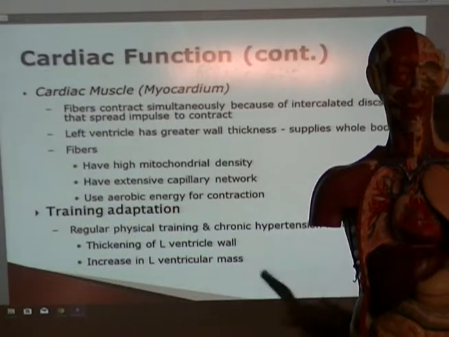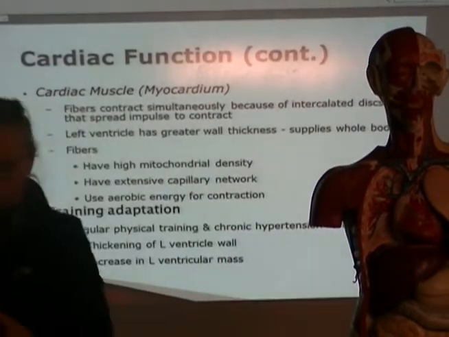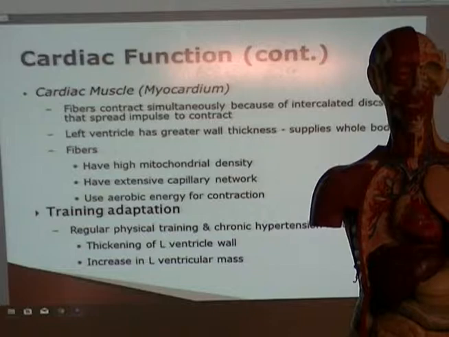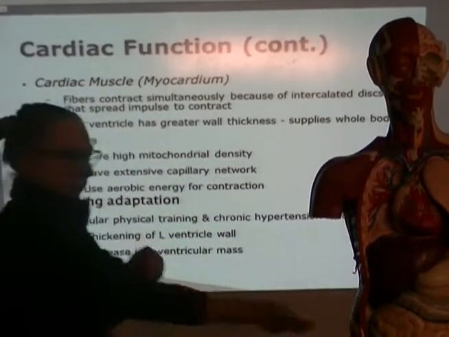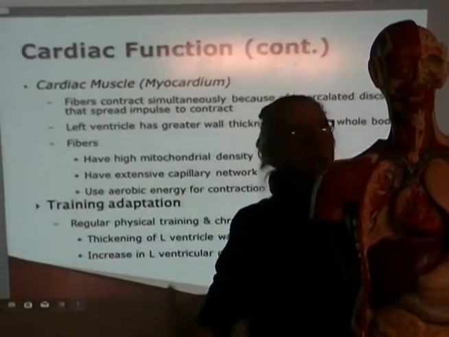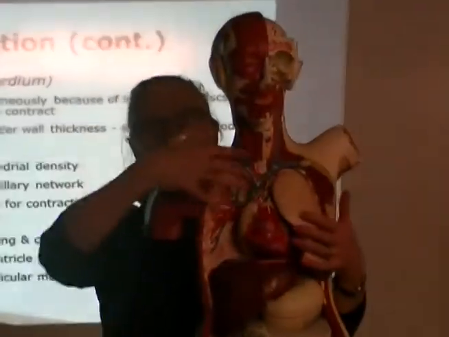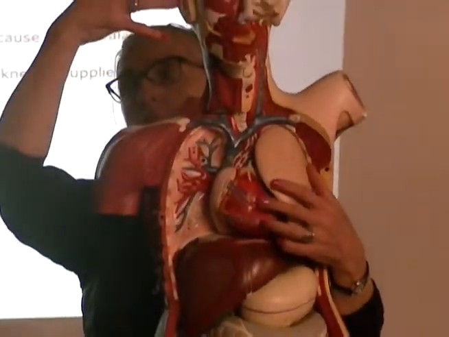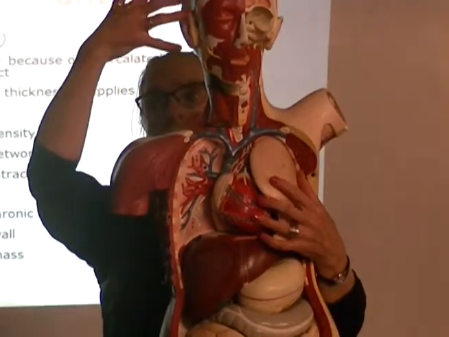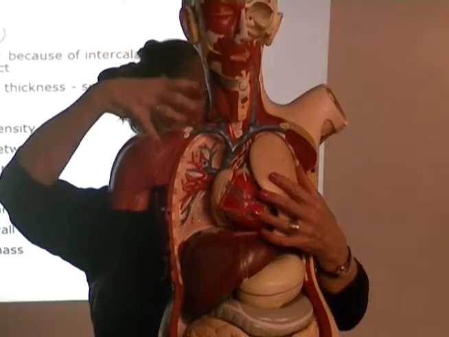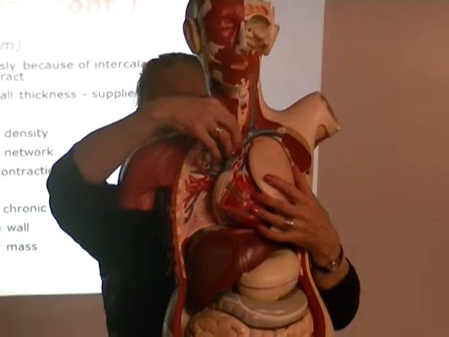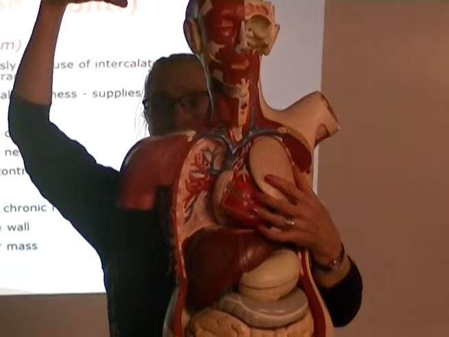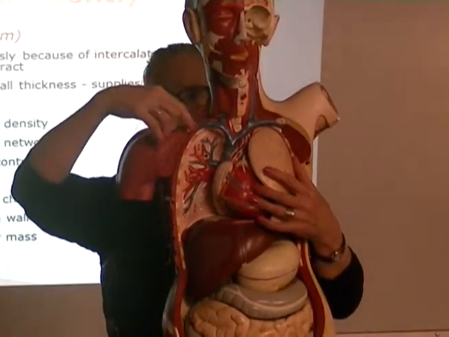All right. So, left side of the heart versus right side of the heart. Okay? The right side of the heart receives venous blood from the body into the right atria. When it contracts, it squeezes through to the right ventricle.